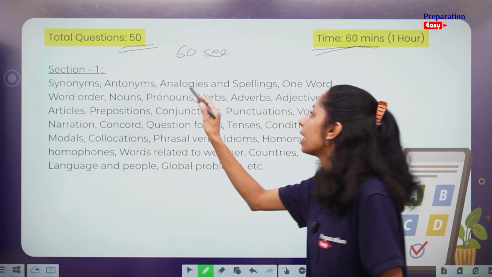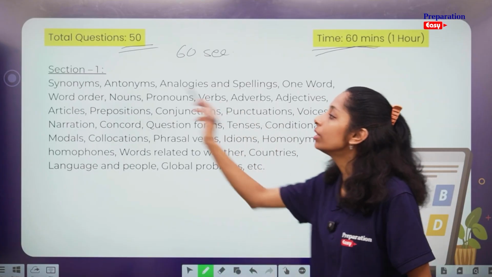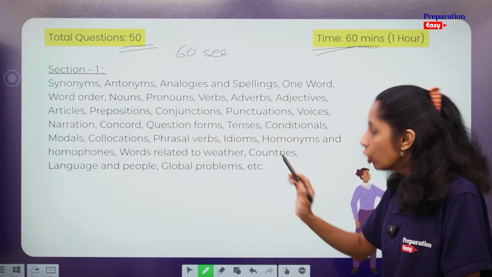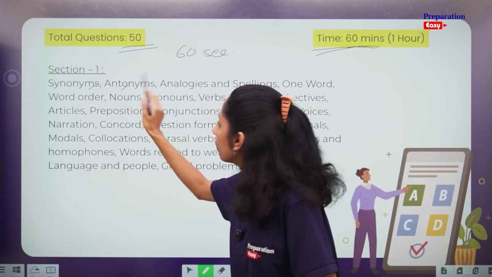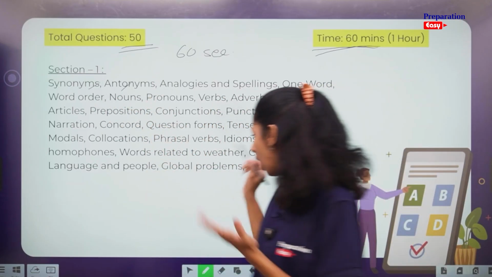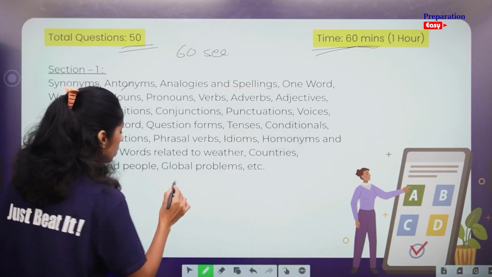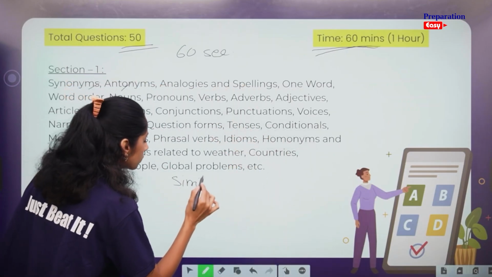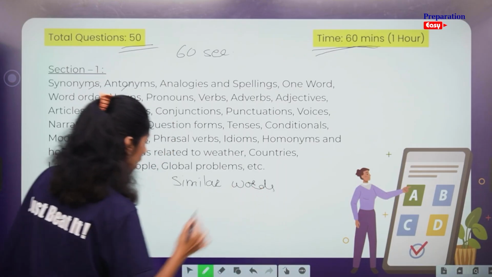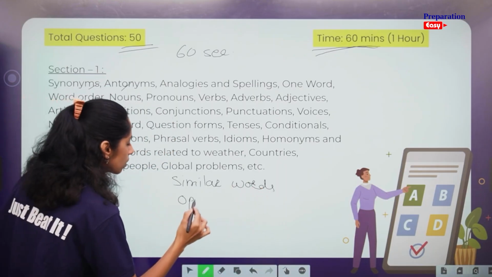Synonyms, antonyms, analogies and spellings, one word order, nouns, pronouns, verb, adverb, etc. So synonyms, antonyms, I believe you understand the similar words and opposite words. So how are we going to remember this? Similar words and opposite words.